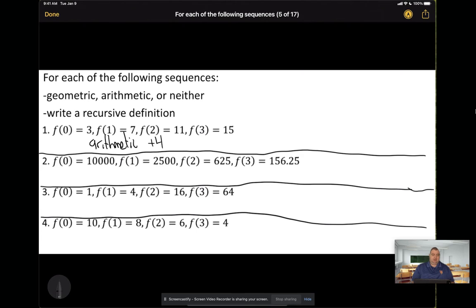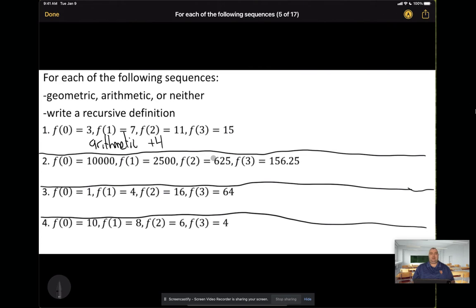To figure out what our pattern is, it looks like our pattern is to divide. The question is 10,000 divided by what is 2,500. So I'm going to just double check on my calculator here. It's not divided by 2. It looks like our pattern is to divide by 4 because 10,000 divided by 4 is 2,500. 2,500 divided by 4 is 625.